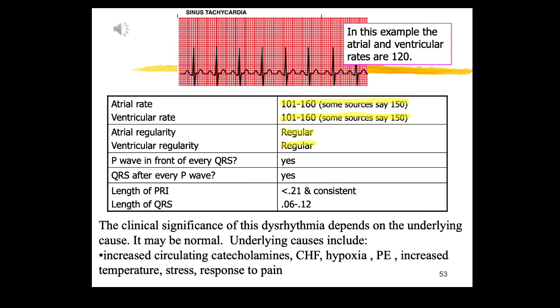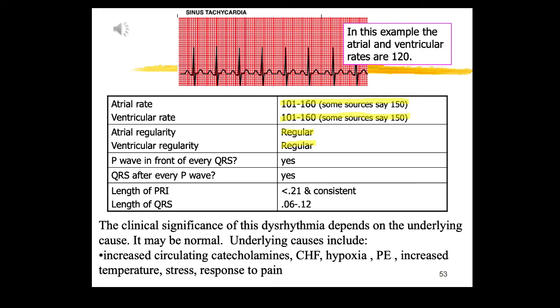The PR interval is less than 0.21 and is consistent throughout, and the QRS complex is 0.12 or less. In this example, the atrial and ventricular rates are 120. There are 6 P and 6 R waves in the 3-second strip.